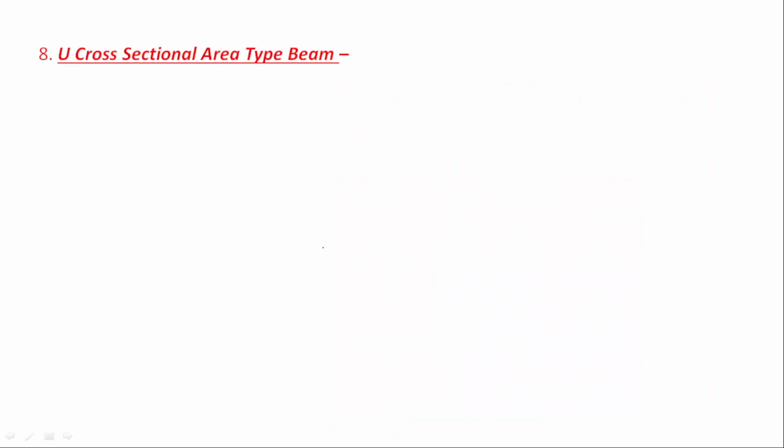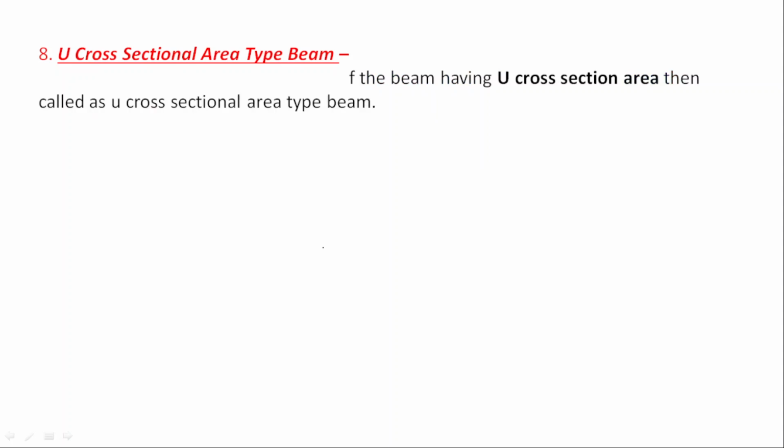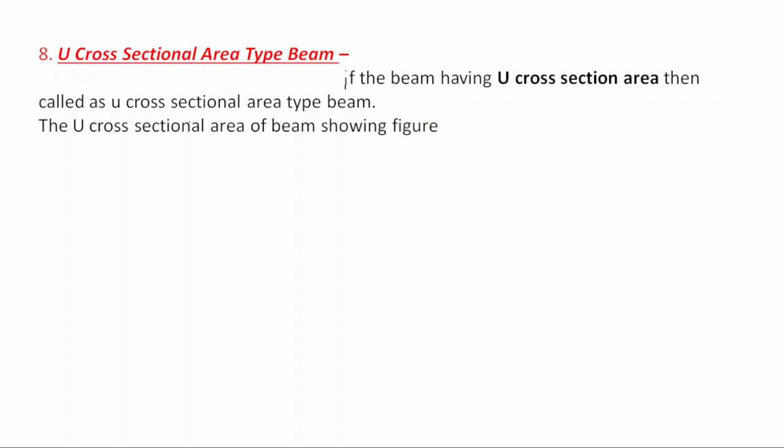U cross sectional area type beam. If the beam has a U cross sectional area, then it is called a U cross sectional area type beam. The U cross sectional area of the beam is shown in the figure.